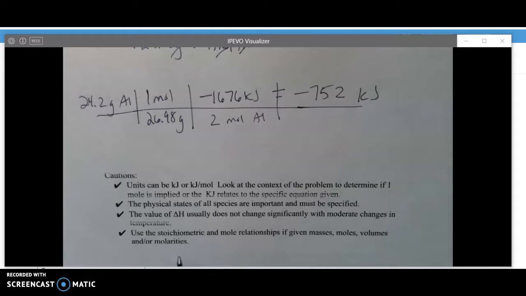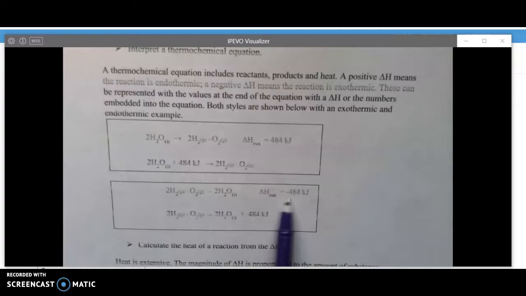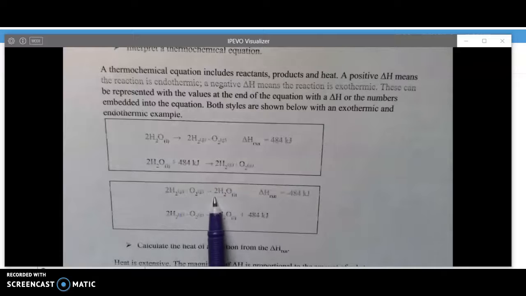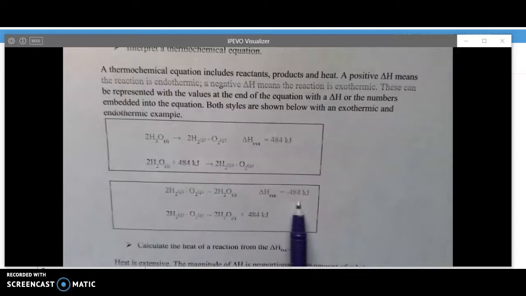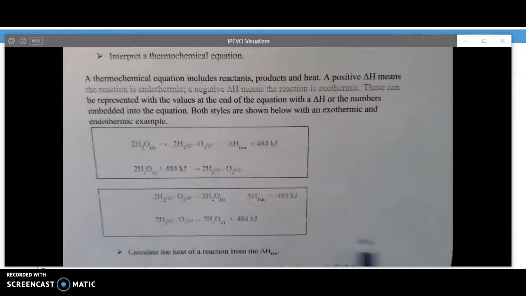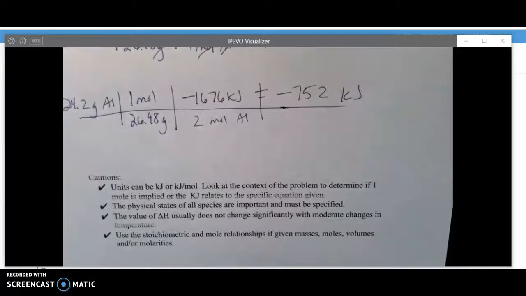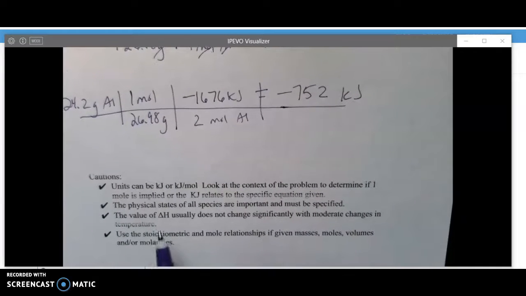But if they give it to you for an equation, so if we go back to our original examples here, this is for the specific ratios. So just be careful. If they give you this, it's going to relate to the equation. There's actually something called heat of formation for water, and you're going to see that that's half of that value because it's based on 1 mole. So you're just going to have to do some practice problems and get used to looking for that.